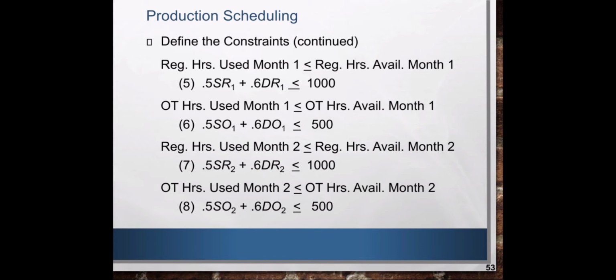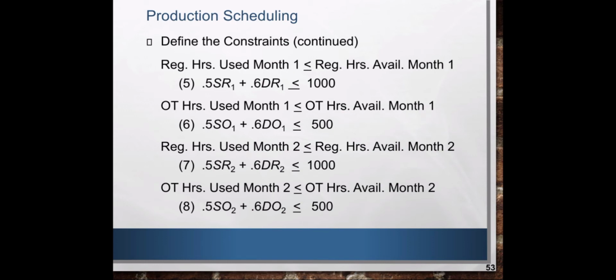The time constraints are: regular hours used in month 1 is less than or equal to regular hours available in month 1. So, 0.5 times standard regular sub 1 plus 0.6 deluxe regular sub 1 is less than or equal to 1,000. And overtime hours used for month 1 is less than or equal to overtime hours available for month 1: 0.5 standard overtime plus 0.6 deluxe overtime is less than or equal to 500.